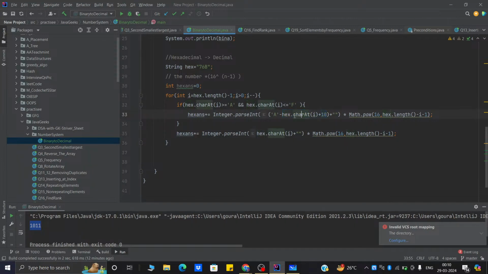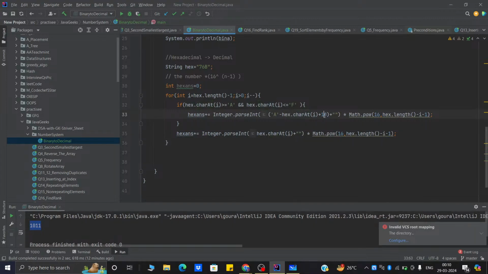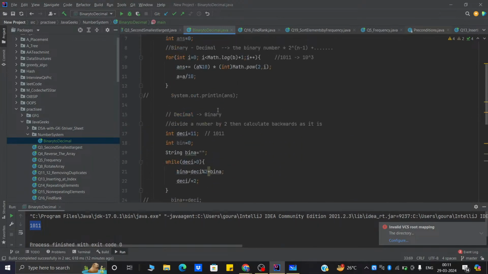If it is B, so A minus B is minus 1 plus 10, it should be 9. It should be hex dot caret i minus A. Yes. Now it will work, isn't it?